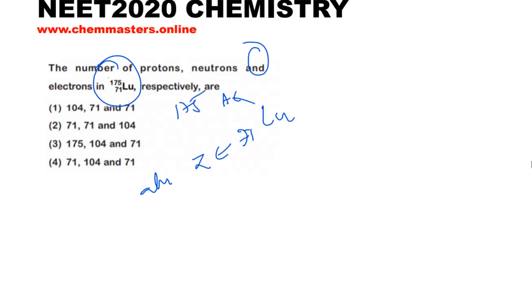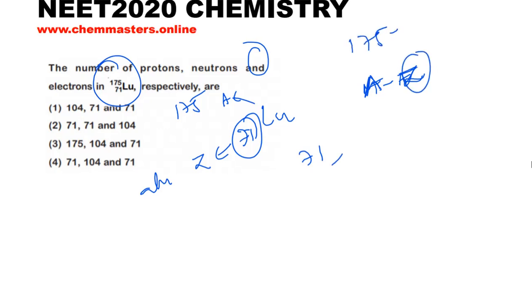And the number of neutrons should be equal to mass number minus atomic number. So the atomic number is 71 here, and the mass number is 175, minus atomic number 71, which equals 104.